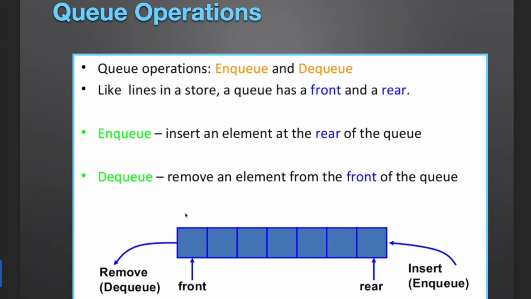And here you can see a queue, which has a front and a rear. If you want to insert, you enqueue at the rear. If you want to remove, we call it dequeue. You can only remove from the front.